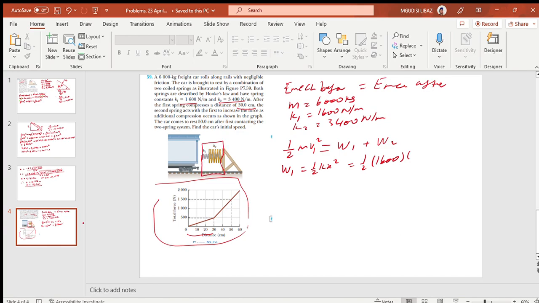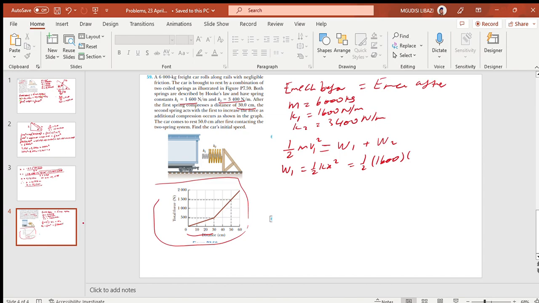That means it compressed 0.3 before the second spring, and then it was compressed again a distance of 20 centimeters after the second spring, when they are working together. So when the compression happens here, the car will try to compress that, and the spring will try to exert a force in the opposite direction due to its potential energy. So that's why we do have a work that is done by the spring.